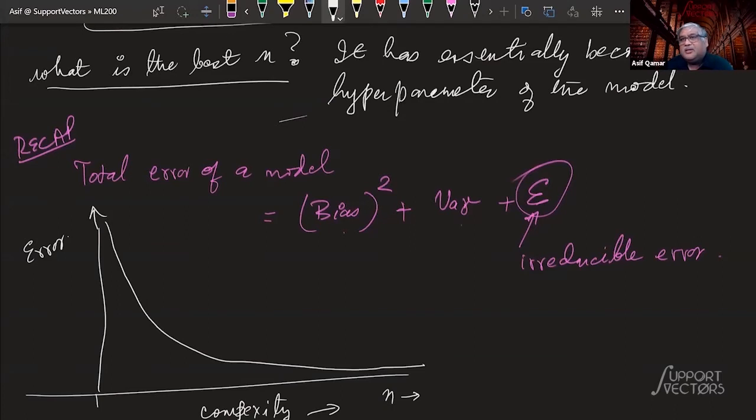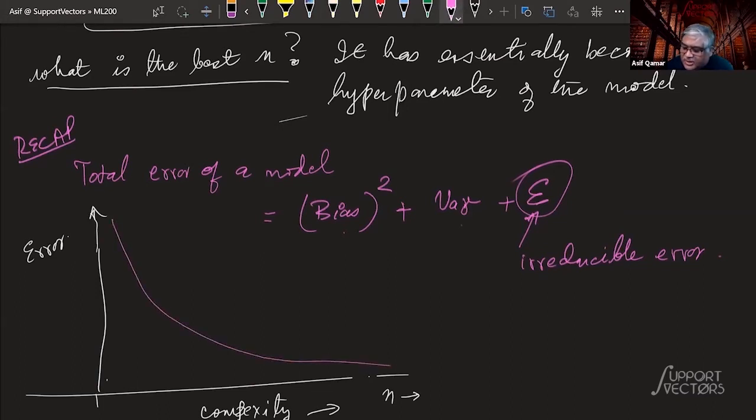What about the variance errors? Actually, let me use another color so that I can use white for the final solution. So let's say that your bias errors go like this. They keep on decreasing the more flexible you make the model.